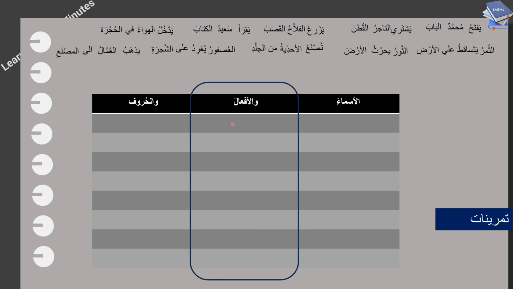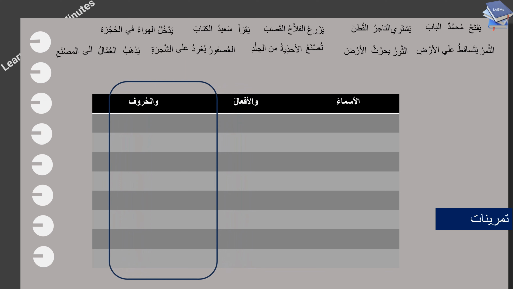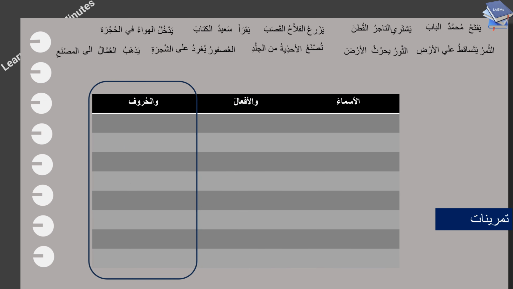After that, pause and do the verbs and play it again to check. Finally, do the same for the particles. Okay, so now I'm gonna continue and show you the answers.